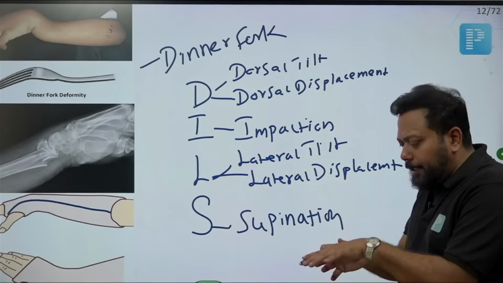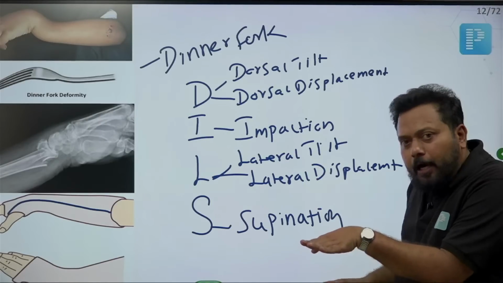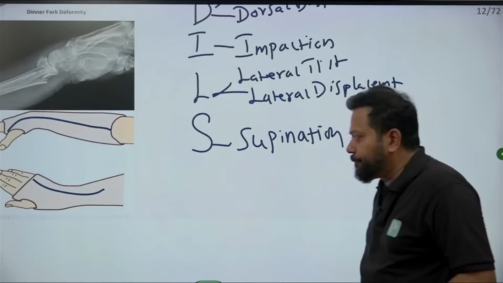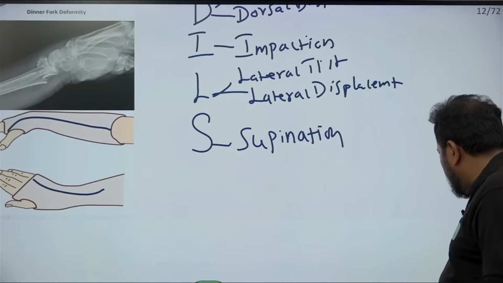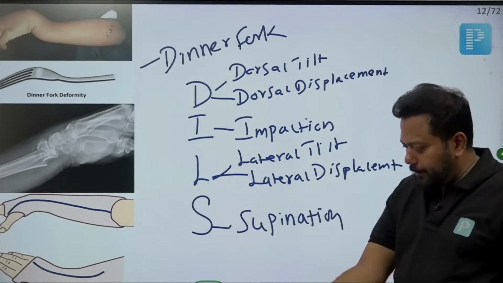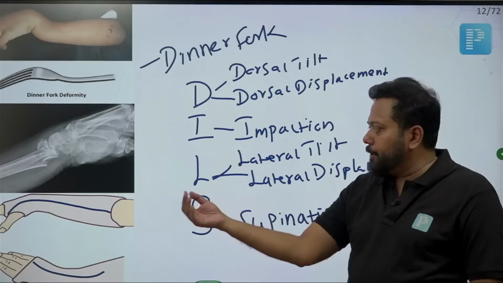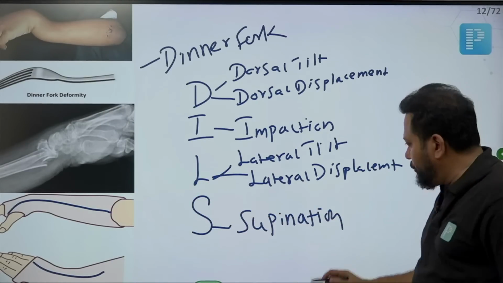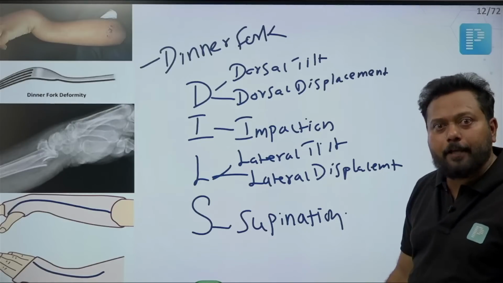Lateral tilt and lateral displacement are neutralized by ulnar deviation. And you see how it is given. This is supination, this is pronation. The cast is applied in pronation, and that neutralizes the supination.